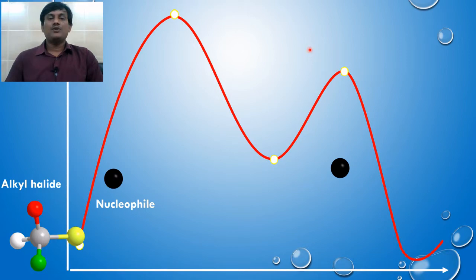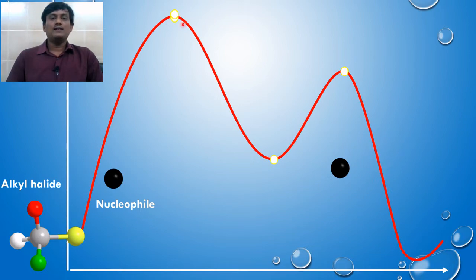So the reaction mechanism follows two steps. Let's take the alkyl halide. First, the leaving group leaves the reaction center, and there is an increase in energy, and it reaches a maximum at this saddle point.